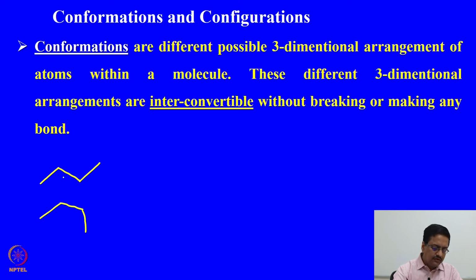The torsion angle about this bond is different in these two ways of representation, and these are called conformers. That means they are related by an angle twist, and one can be easily interconverted to the other without breaking or making any bond.